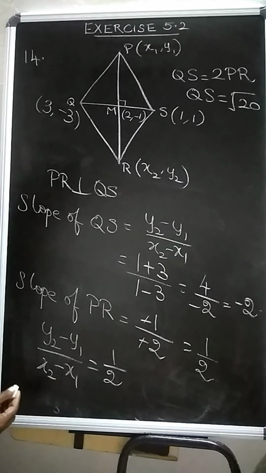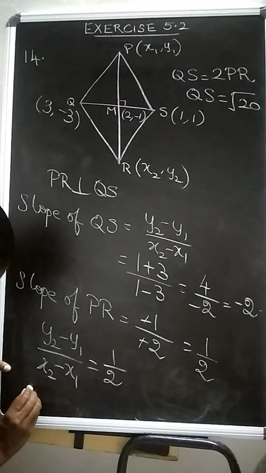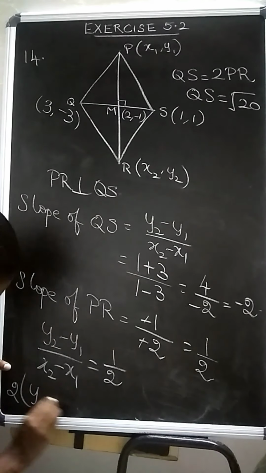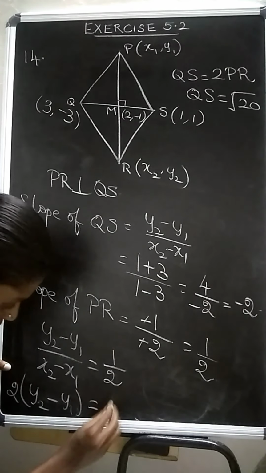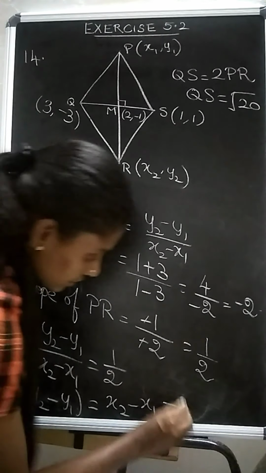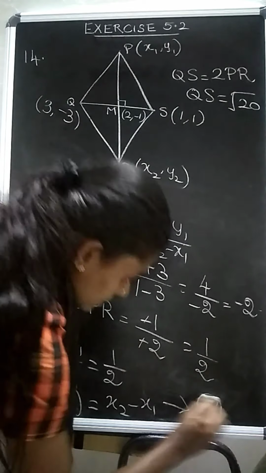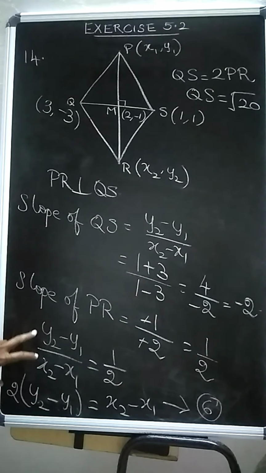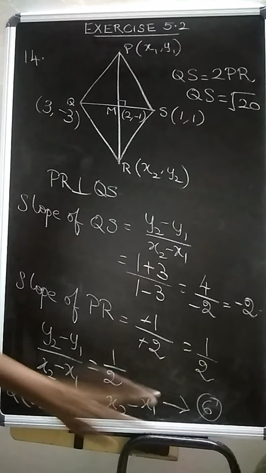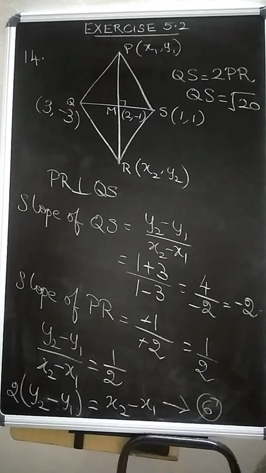Now cross multiply, what you will get? 2 into y2 minus y1 is equal to x2 minus x1. This is your sixth equation. So see here, this 2 comes here. 2 into y2 minus y1 is equal to 1 into x2 minus x1. This is your sixth equation.